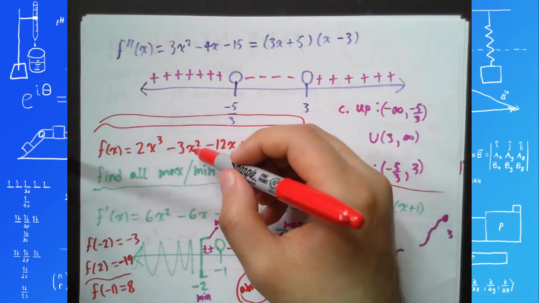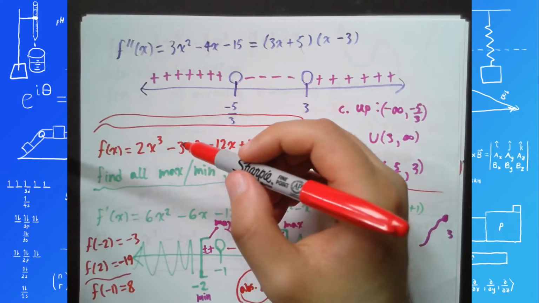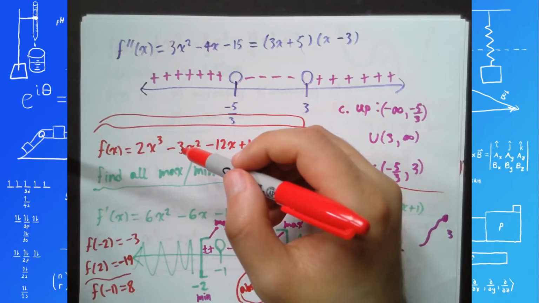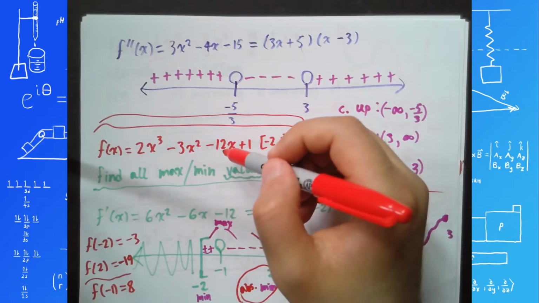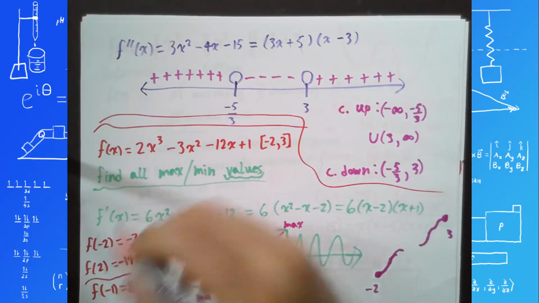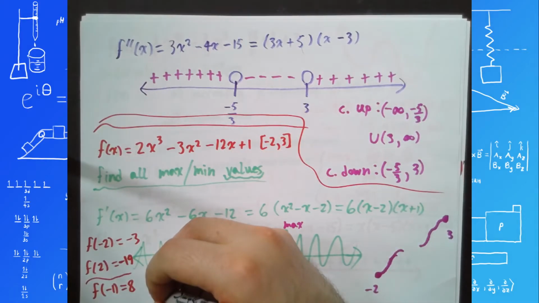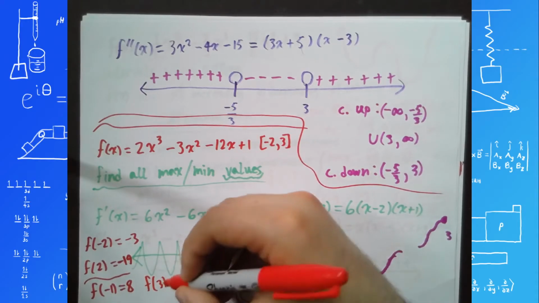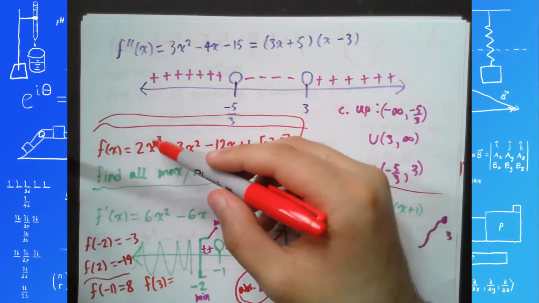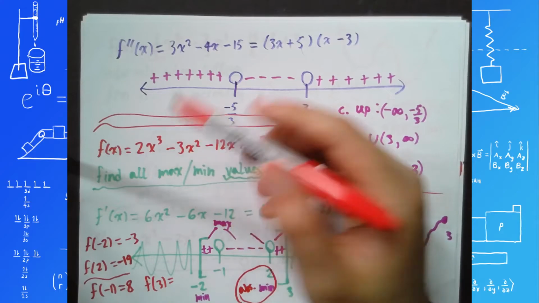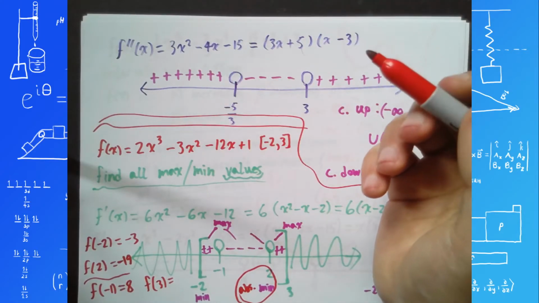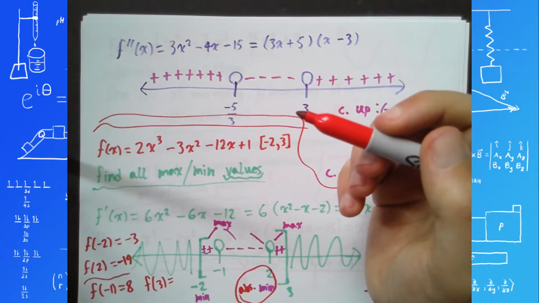Negative 2 minus 3 is negative 5, plus 12 is 7, plus 1, yeah, that's 8. And then f of 3, let's see, so that's 2 times 27 is 54, minus 3 times 9, so that's minus 27 is 27.